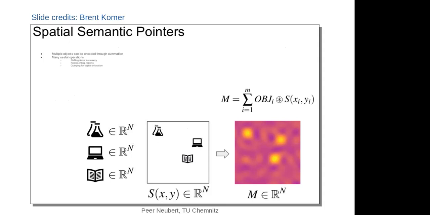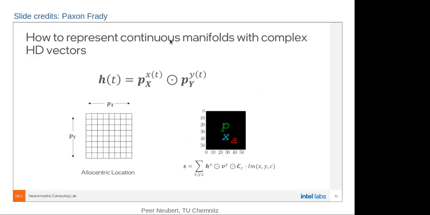And now we can use binding and bundling over those bound pairs to represent this constellation of objects with their location in the image. And very similar, Paxton Frady had a very interesting talk and talked about how to represent continuous manifolds with complex HD vectors. Very simple, very similar general idea.